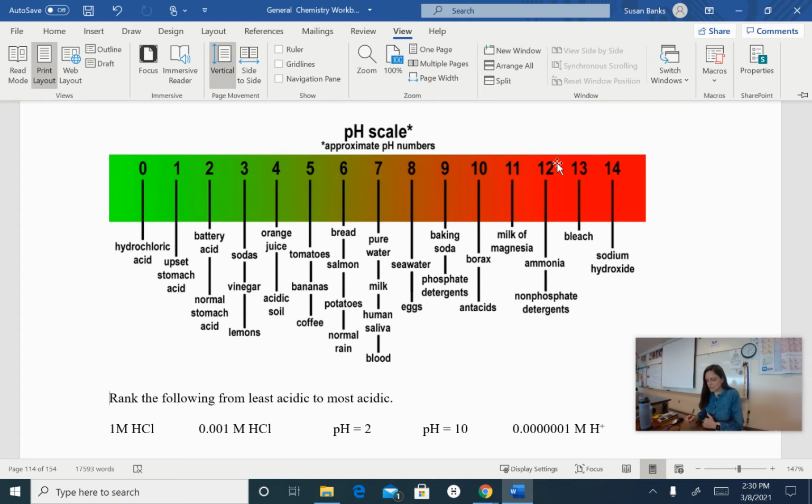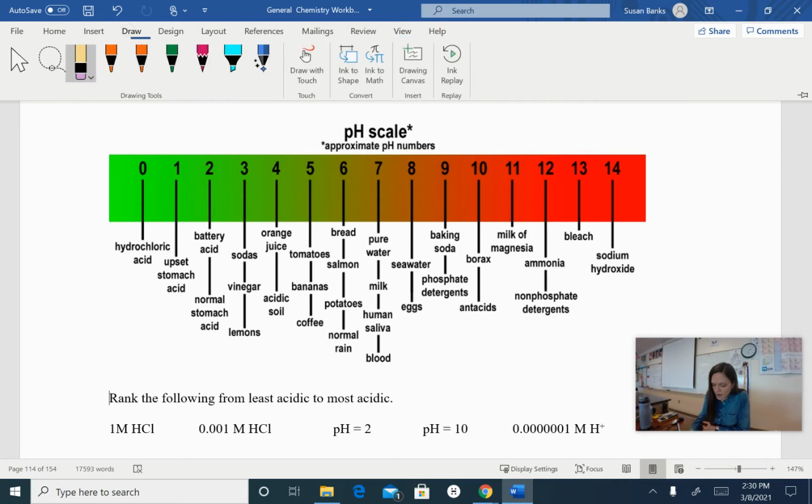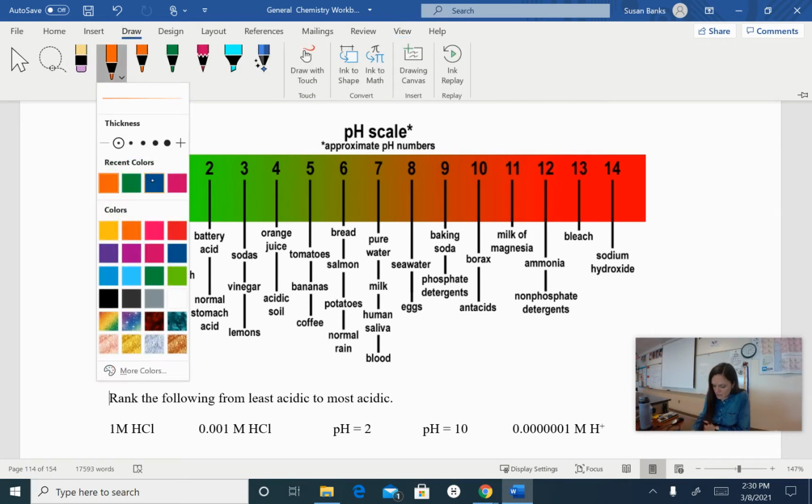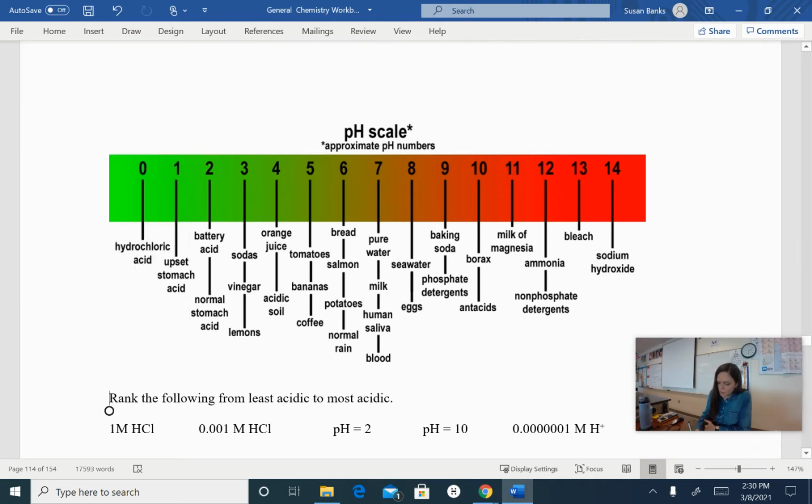So let's do the concentrations really quick on the pH scale. Our concentration at pH 0 would be 1 mole per liter, and pH 1 would be 0.1, and pH 2 would be 1 times 10 to the negative 2.